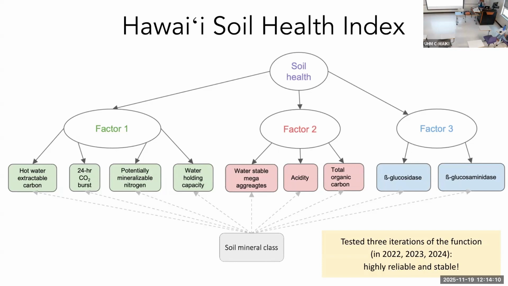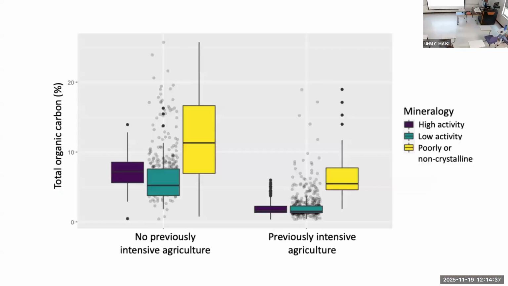So in order to compare apples to apples and not apples to oranges, we can adjust this so that the different soils have their own scoring function. And so that way it's a more fair comparison. You can also adjust it on land use history too. We've done 3 iterations of the scoring function as we've gone from 6 to 1300 to 2000, and it's actually a pretty consistent, it's a stable and reliable function.